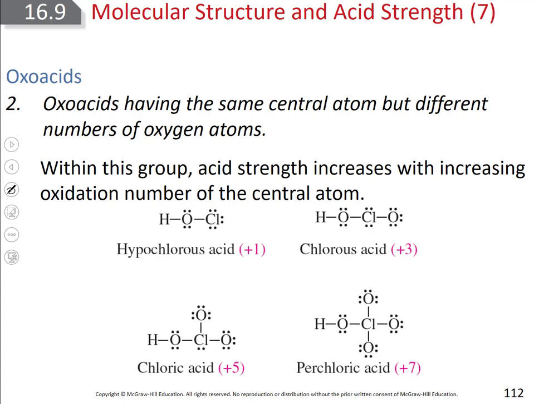So perchloric has 4 oxygens around it, versus hypochlorous has only 1 oxygen around the central atom. If the central atom is the same, all of these have the central atom of chlorine, then you can go by the number of oxygens. More oxygens equals stronger acid.